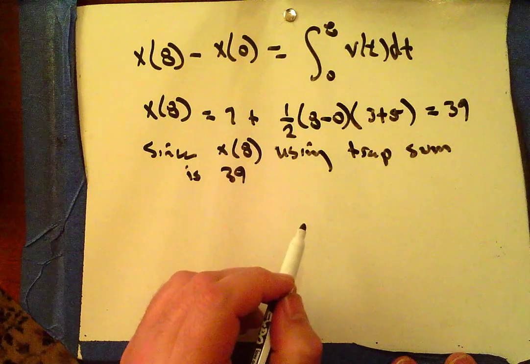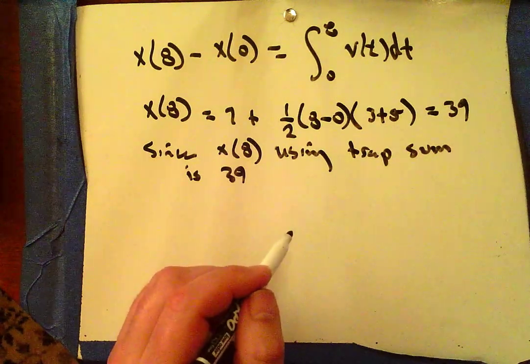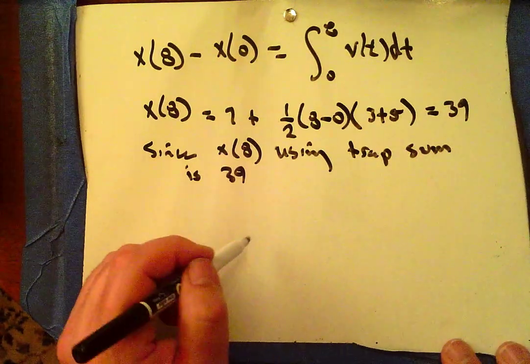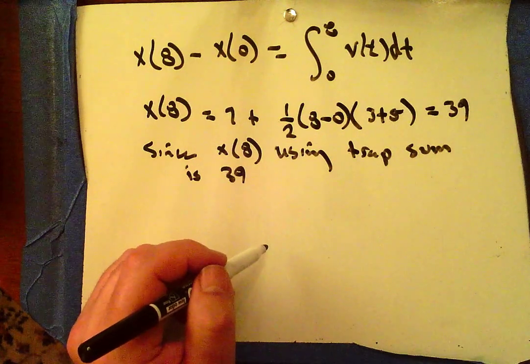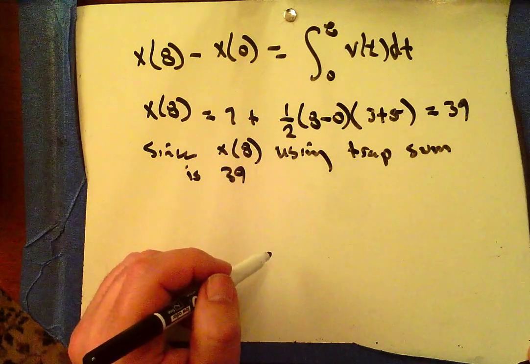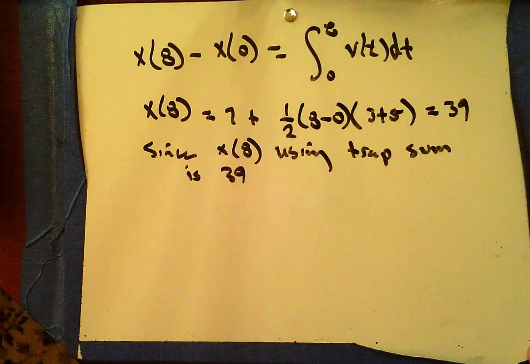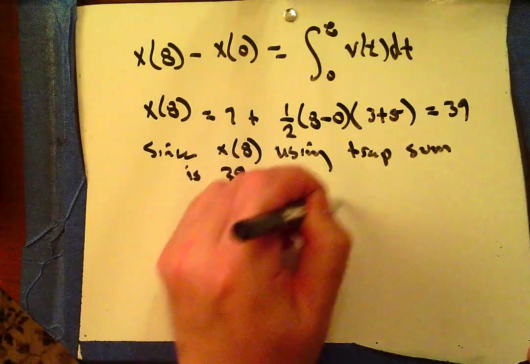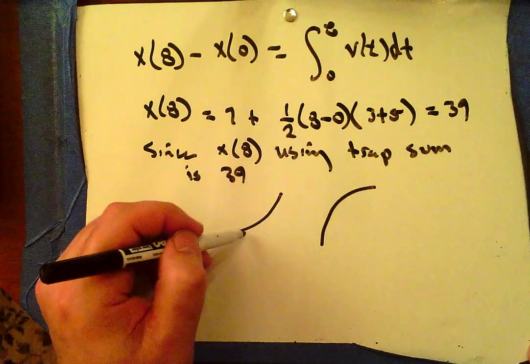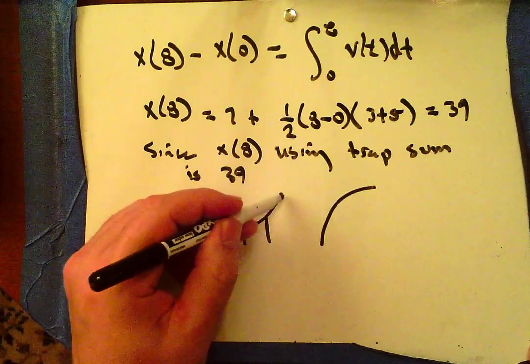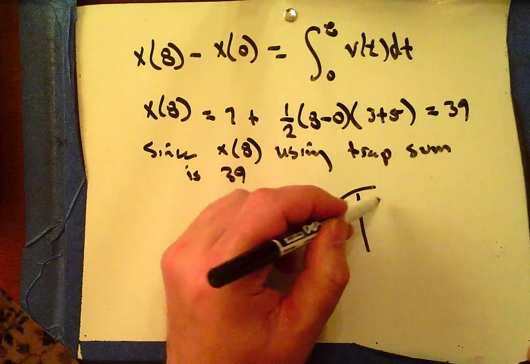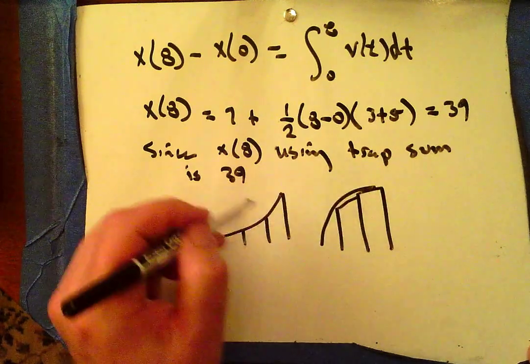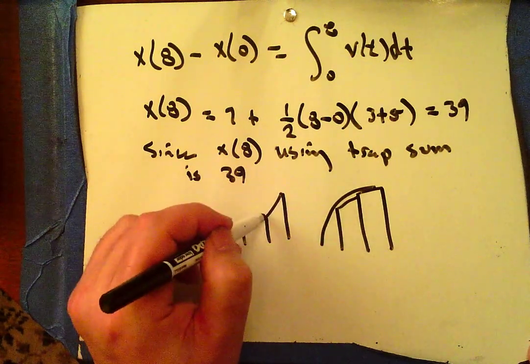And remember, we've got this function v. It's an increasing function. So let's look at some increasing functions, and let's consider a trapezoid sum with these increasing functions.